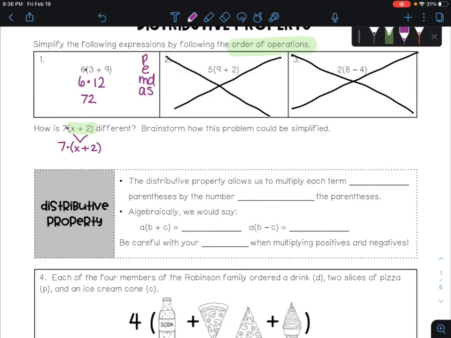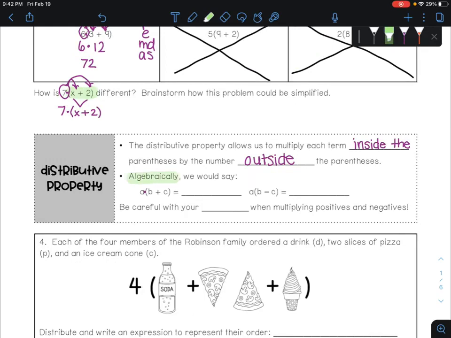The distributive property allows us to multiply each term inside the parentheses by the number outside the parentheses. So this number out front times each thing inside, instead of adding first and then multiplying like we would do with PEMDAS.